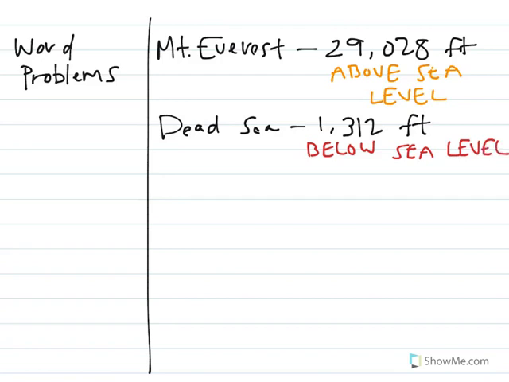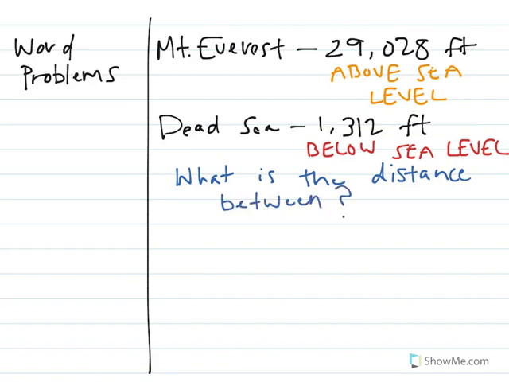And we want to know what the distance is between them. In other words, if we compare the very top of Mount Everest to the very bottom of the Dead Sea, how many feet are we spanning?